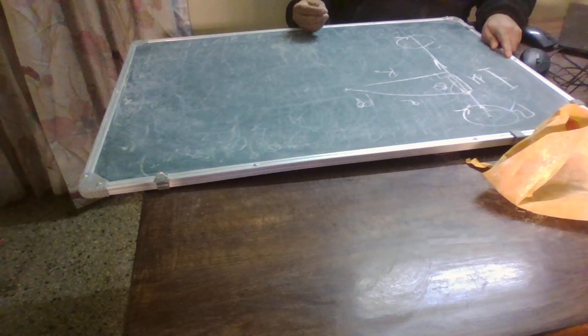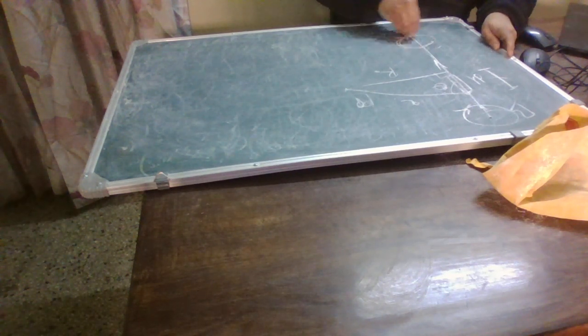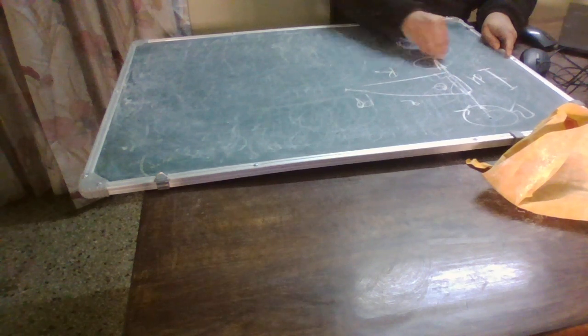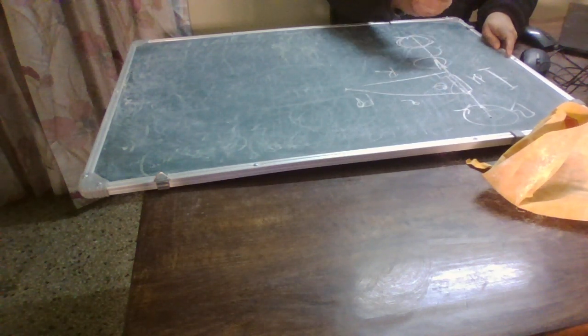So the lines of magnetic induction are concentric circles around the wire.